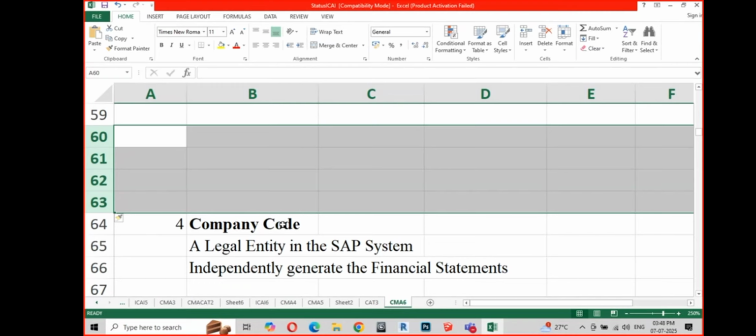when you talk about a complex project, let us say you have received a request for implementing SAP for Reliance or for Tata's. Is the Reliance or the Tata's business small or big? It is huge.